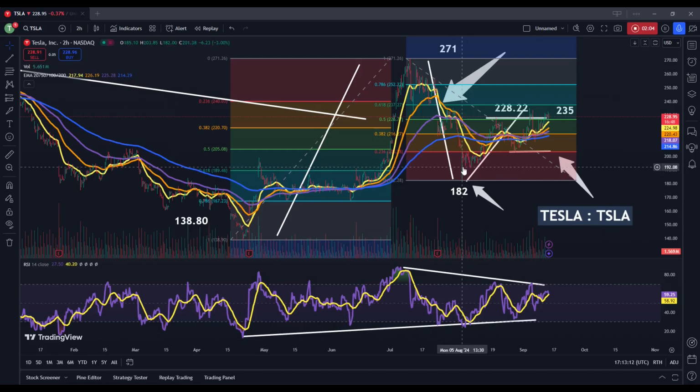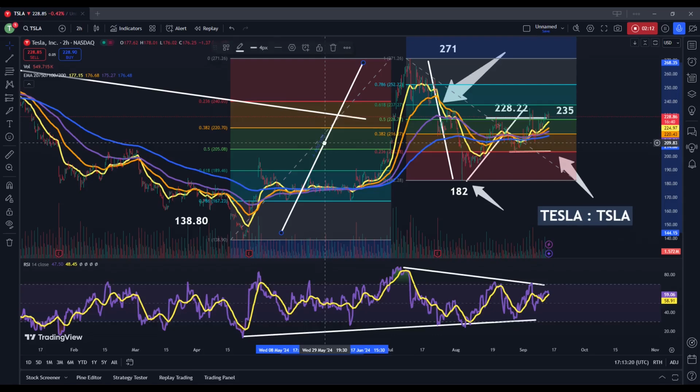However, we didn't really see a closing basis here that did manage to violate the 61.8% Fibonacci retracement of this prior bullish move. So this is important because this is what gave us the ability here to start to bounce higher and even develop some higher highs and higher lows in the process.